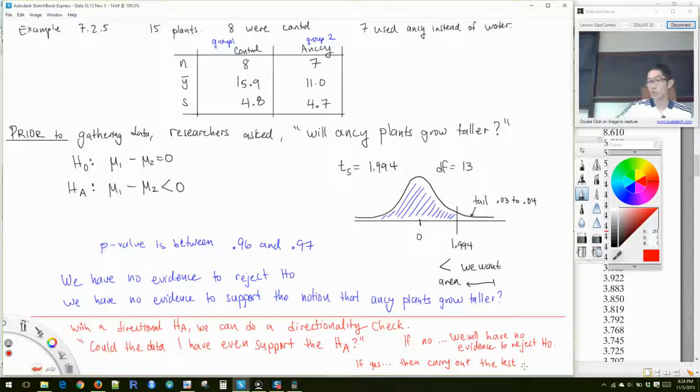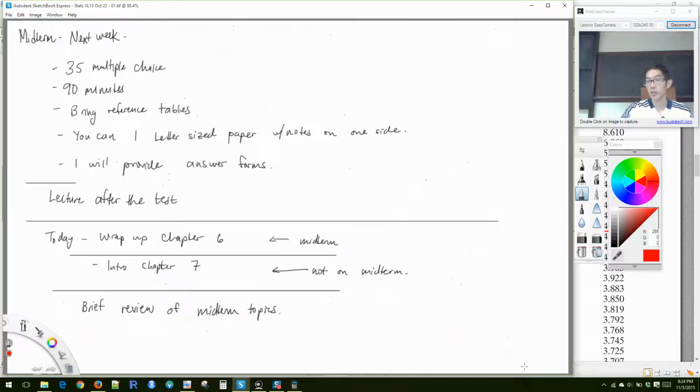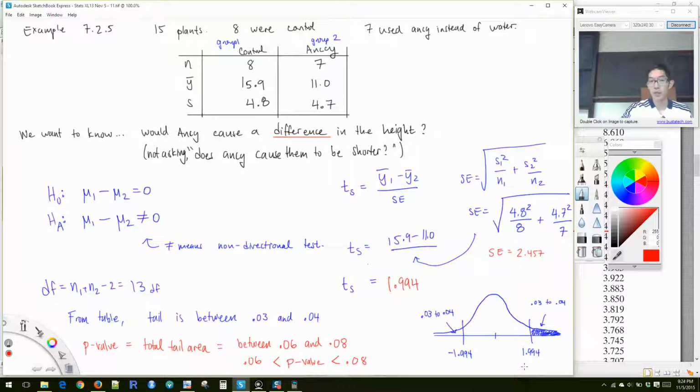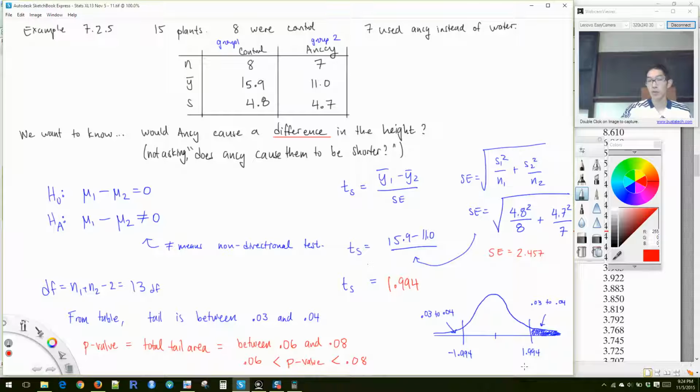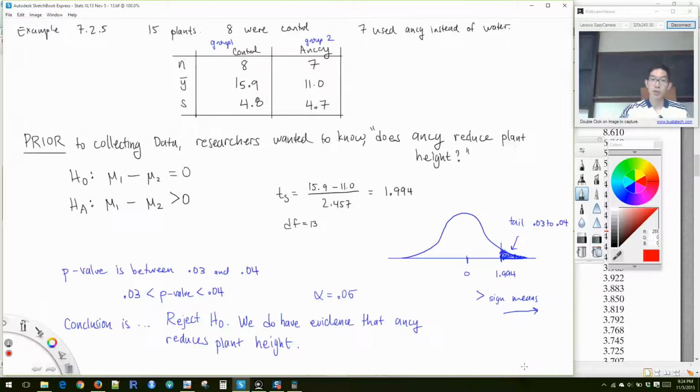Because as we saw earlier, when we had a non-directional alternative, we came to a conclusion where we did not reject the null. Okay, when we used the non-directional test. But with a directional test, same data, if we change this to greater than 0, then our p-value became significant.